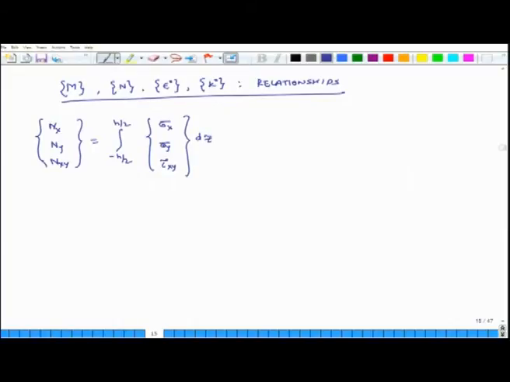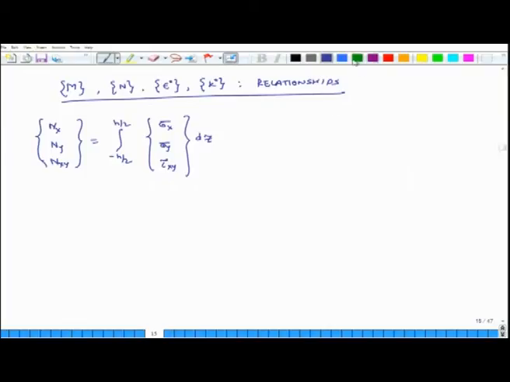This is what we have developed. We have developed 3 different equations, but here we have just combined them into a single vector equation.